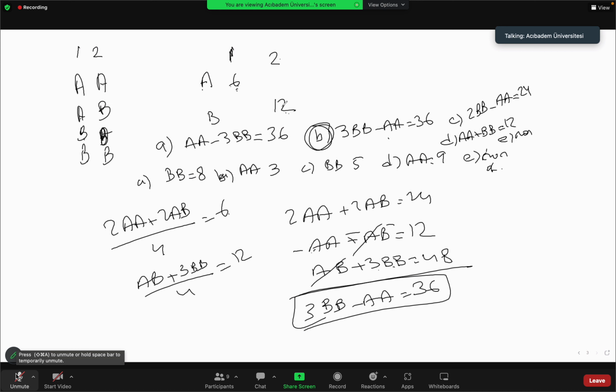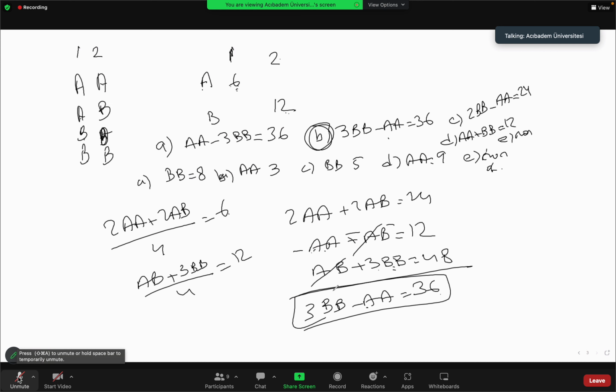From the given information, which of the given relationships are correct? You write two equations, and then you subtract, the AB's cancel, and you find that 3BB minus AA should be equal to 36. I can also ask you which of the given similarity scores would satisfy this condition.